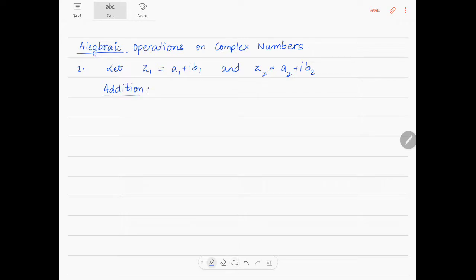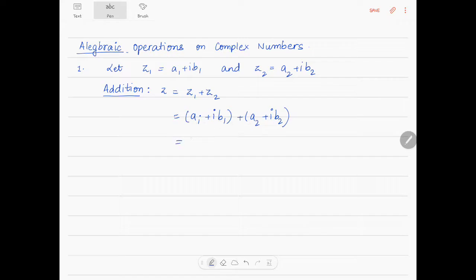If we want to add two complex numbers, we say z1 plus z2. Let us assign it another variable z, so z equals z1 plus z2. What will this give us? This will give us a1 plus i b1 plus a2 plus i b2. Clearly, for these two complex numbers there are two real parts and two imaginary parts.